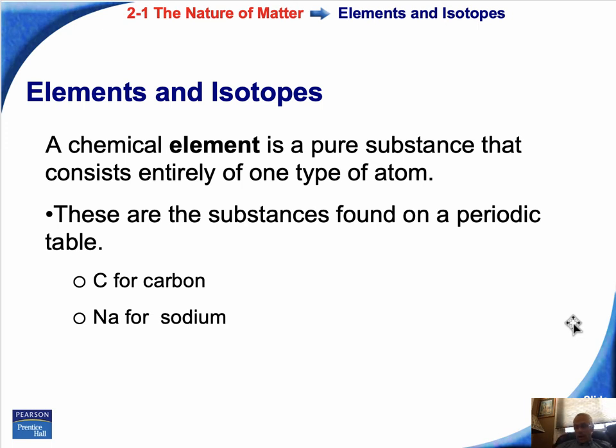The elements all have symbols that have one or two letters to represent them. The symbol for carbon is C, and just to confuse you, lots of the elements are based on Latin or Greek names, so sometimes the symbols don't make much sense for the English word. So, for example, sodium is Na.